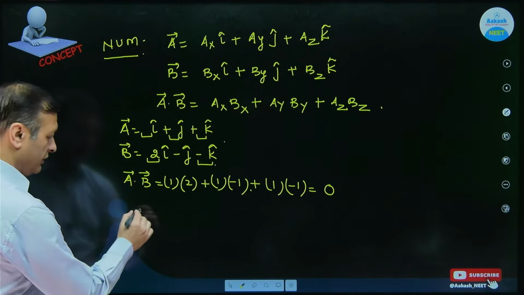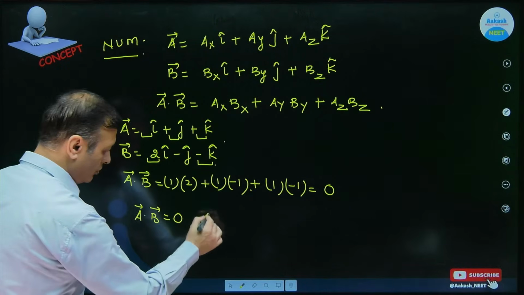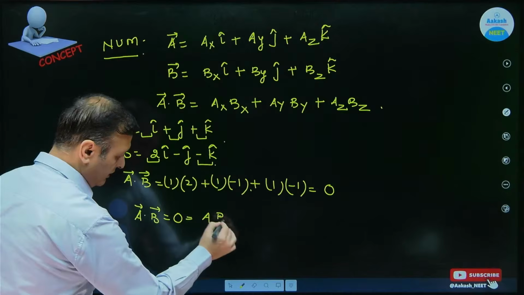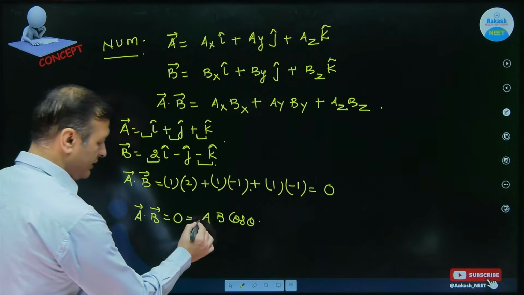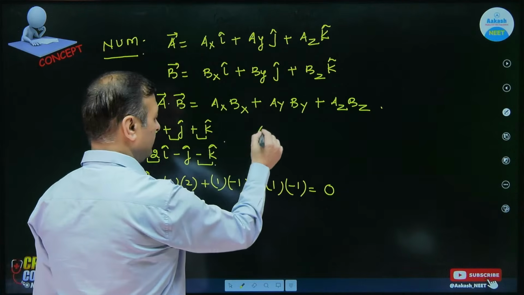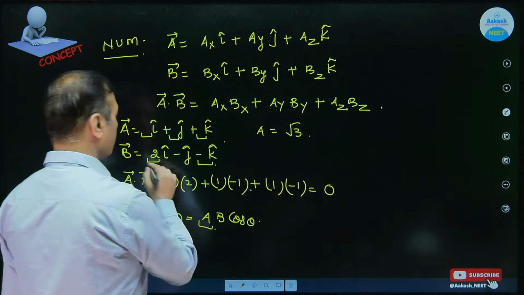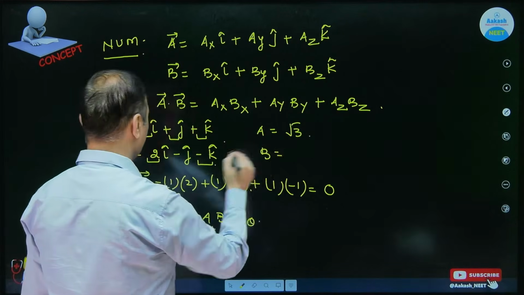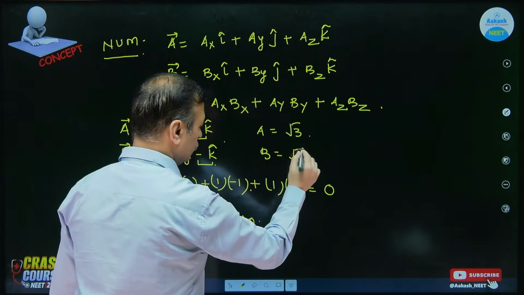And we know if A dot B is 0, it means AB cos theta is 0, where A is a non-zero vector. So let's define the magnitude of A. The magnitude of A is root 3. The magnitude of B is 2 square 4, 4 plus 1, this is root 6.